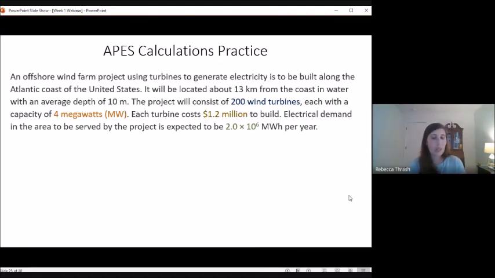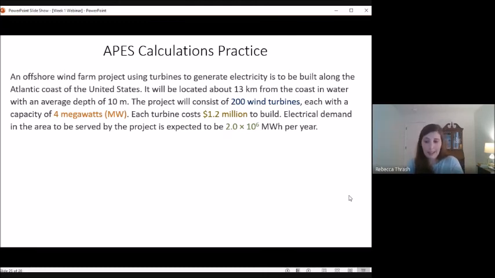All that means is that's the amount of energy that each of those turbines can create, 4 megawatts. And each turbine is going to cost $1.2 million to build. So the area that's going to be served by the project, the electrical demand is expected to be 2 times 10 to the 6 megawatt hours per year.